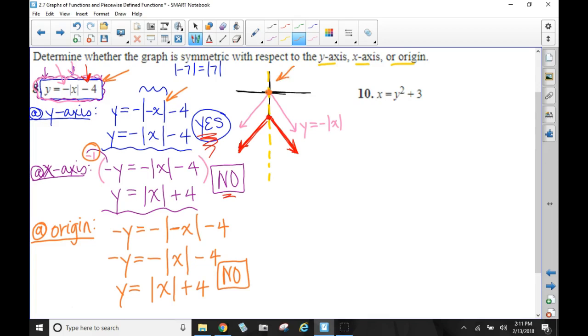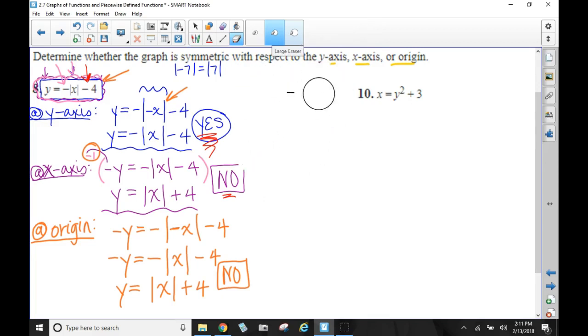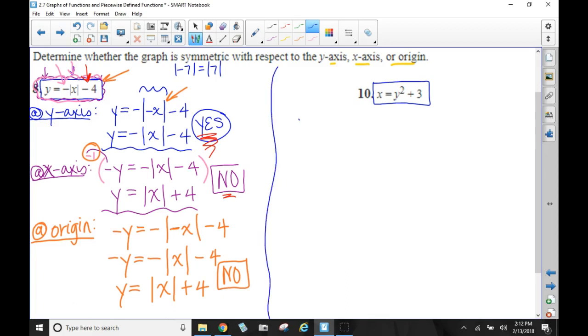But here are your tests for symmetry. Let's practice that again. I'm going to erase this so we'll have enough room to practice our tests for symmetry here. For number 10, I'm testing the equation x equals y squared plus 3. Okay, that's what my reference is. And I'm going to test to see if this thing is symmetric about the y-axis first. Remember, the test to see if something is symmetric about the y-axis is to replace x with a negative x.